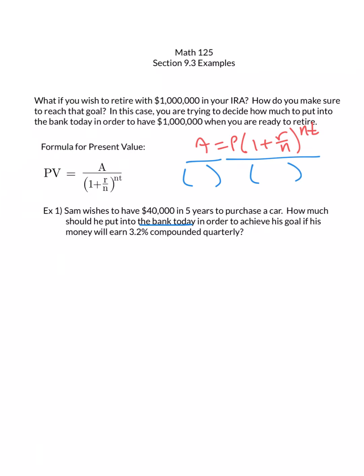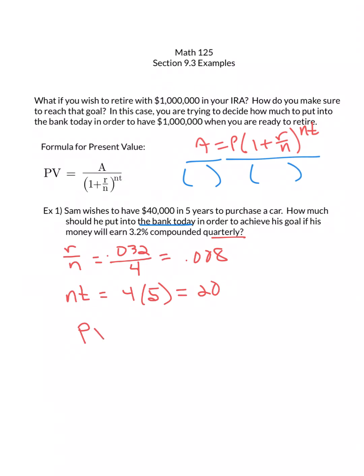So doing those ahead of time makes your calculator work much, much easier. r over n for this problem, 0.032 divided by 4, because it says quarterly, will give us 0.008. n times t means we need to take 4 times 5 years, which gives us 20.